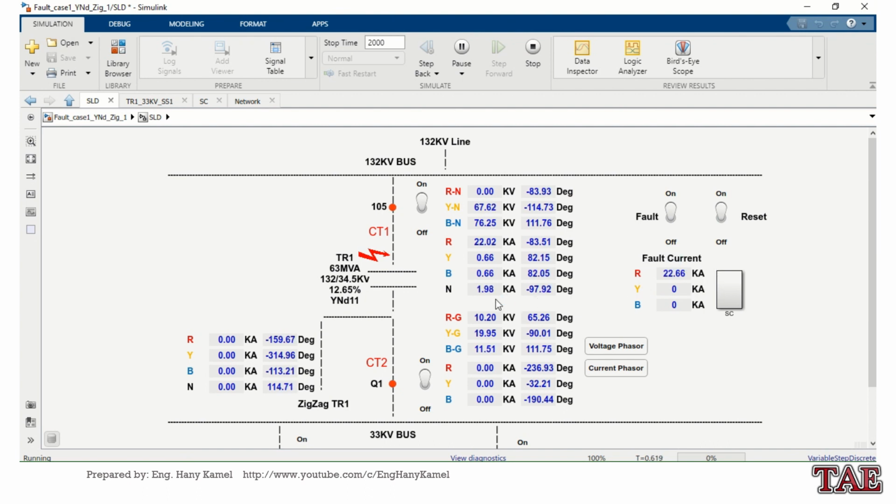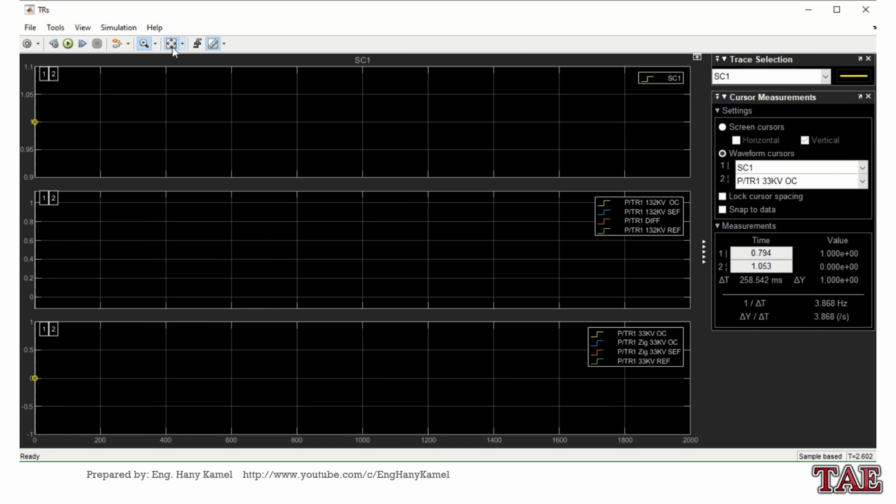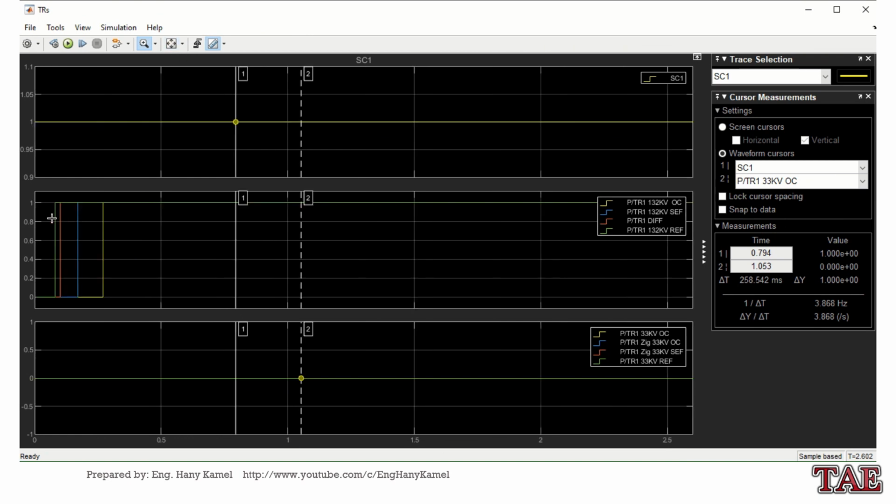So we have neutral current, so we expect restricted earth fault protection number 1, then differential protection, sensitive earth fault protection, overcurrent protection. So again here, restricted, then differential, then sensitive earth fault, then 132 overcurrent trip.